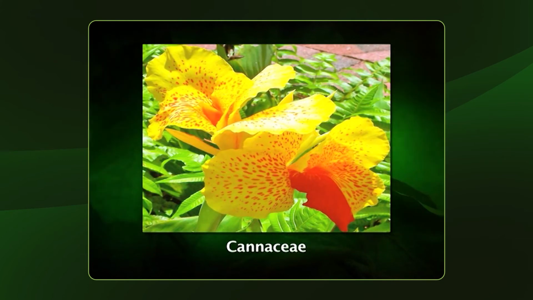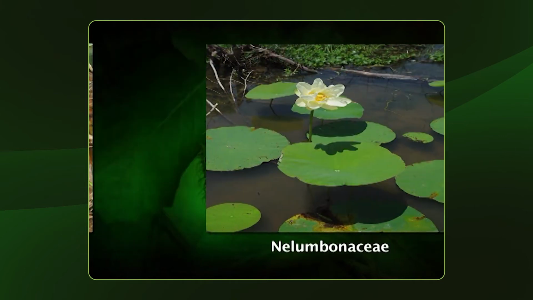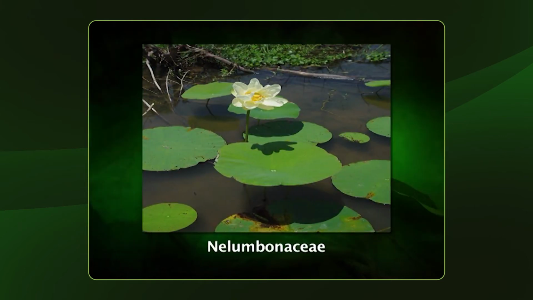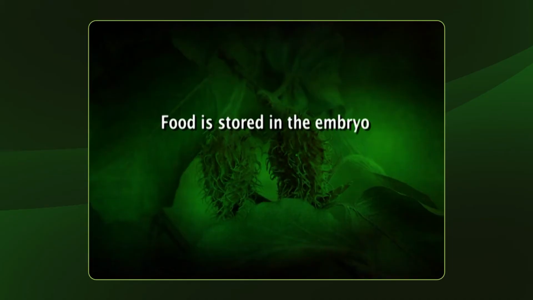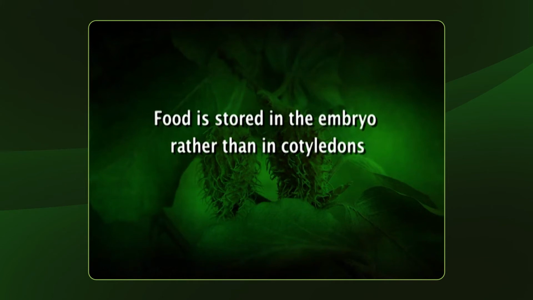With the exception of Cannaceae, Musaceae and Nelumbonaceae, all the plant families with physical dormancy in the seeds have large embryos and most of the food is stored in the embryo rather than in cotyledons.